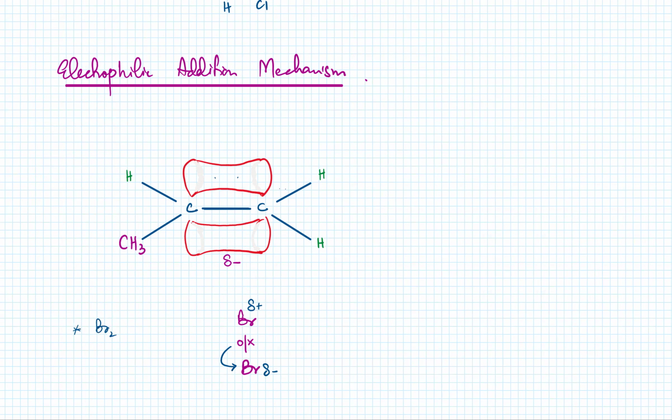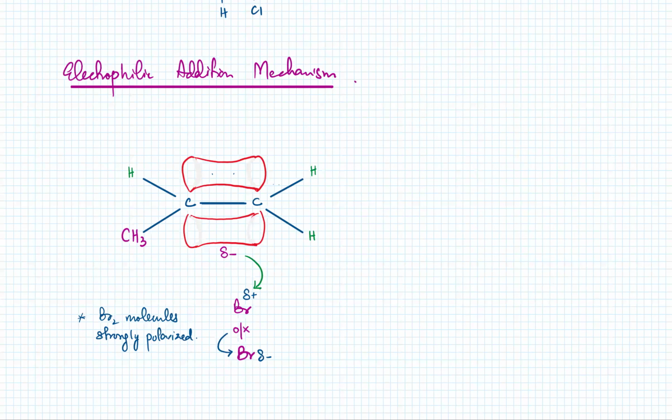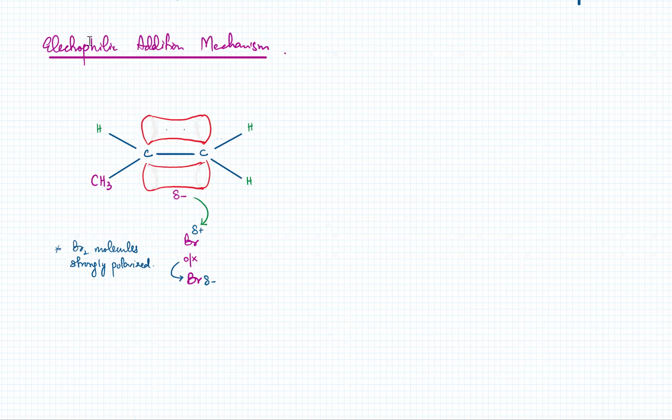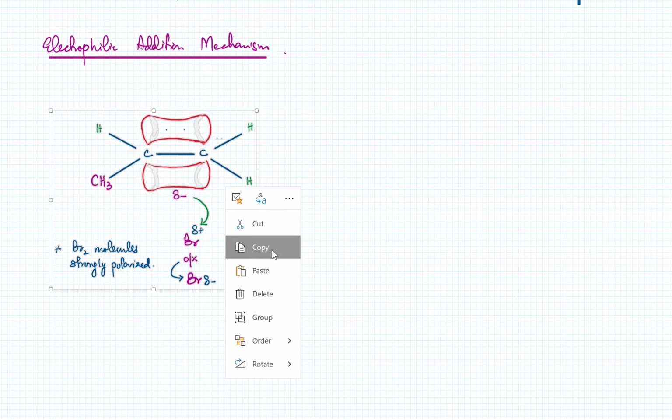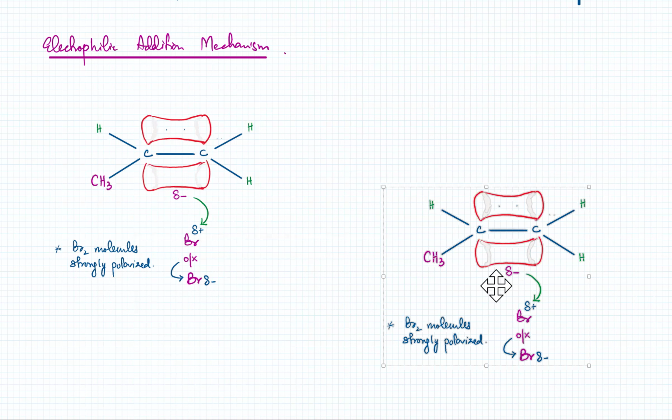So that's the first step: the Br2 molecule is strongly polarized. You get a very strong positive bromine and a very strong negative bromine. The positive bromine will attract the pi electrons towards itself, and it will eventually bond with the carbon at the top.